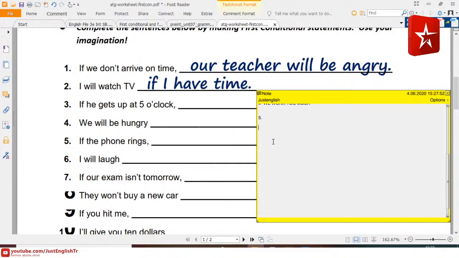If the phone rings, I will answer. That's the simple answer by Tuko. If the phone rings, we will go home. Tuko says number 5.